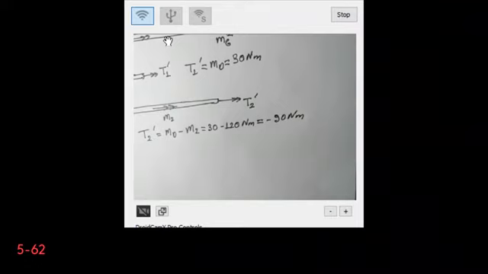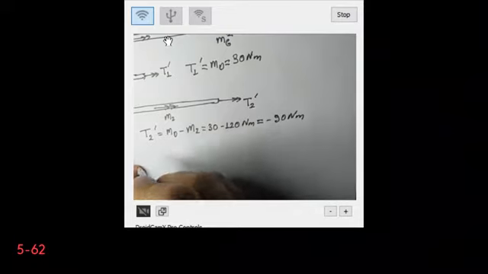Oh, sorry, I made a mistake here. Oh, sorry, it's okay. Yeah, it's minus 90 Newton meters. So now we have the distribution.